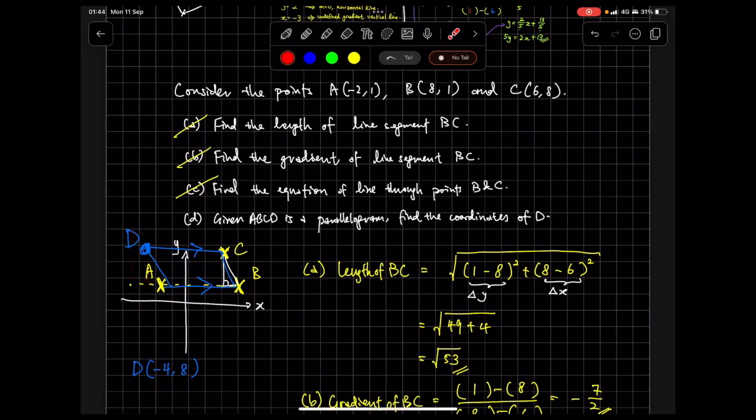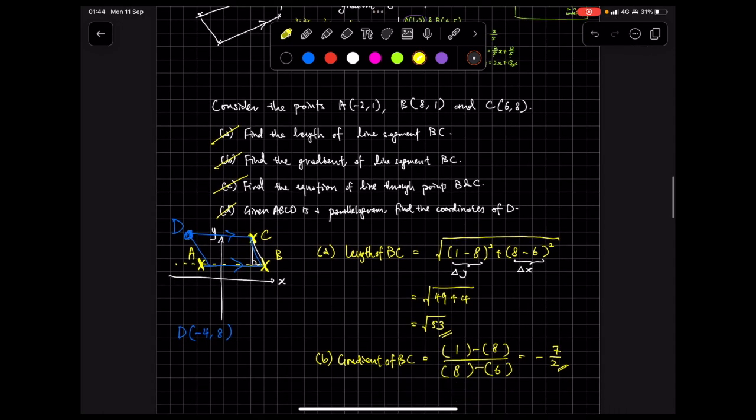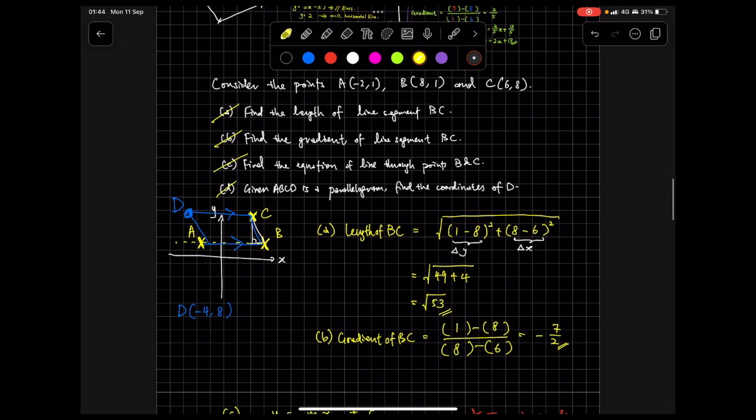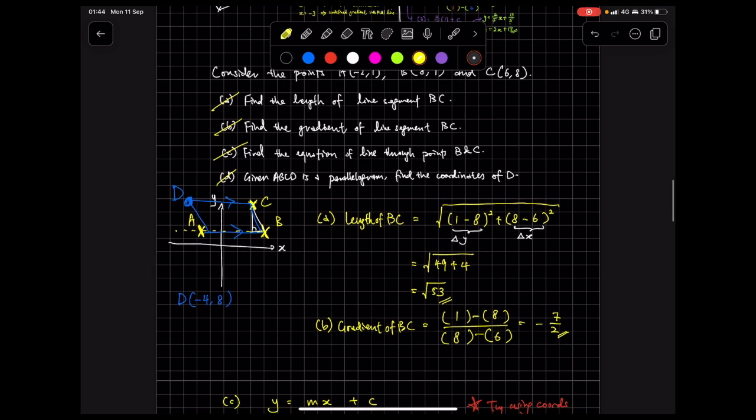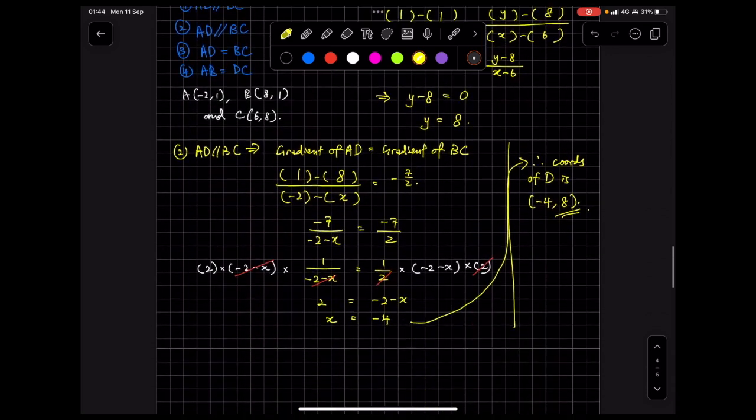Seems correct. So unless I'm very unlucky, or unless I was very careless and made a mistake in my calculations, everything seems to check out. So I have checked my answers. I think that everything is correct here, and I can call it a day and move on to the next question.